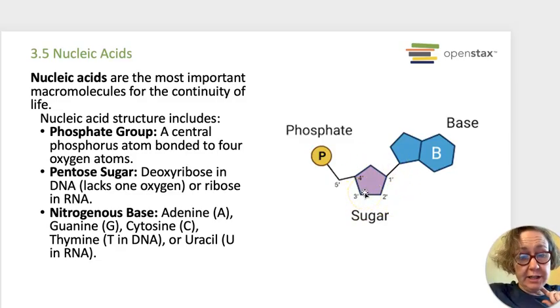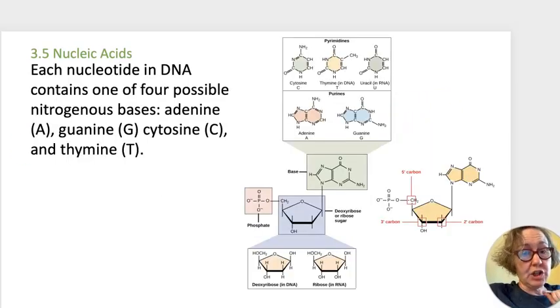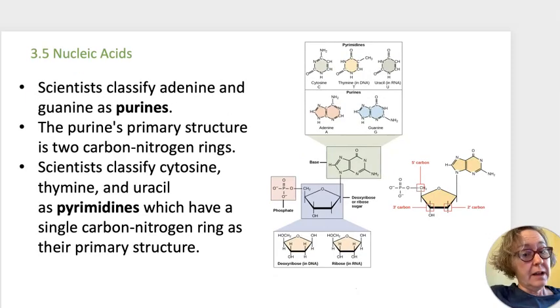Now, the nitrogen bases are going to be your adenine, guanine, cytosine, or thymine in DNA, and that's going to be this base connected here. Each nucleotide in DNA contains one of the 4, right? Either adenine, guanine, cytosine, or thymine. And those are the purines or the pyrimidines. So we classify adenine and guanine as purines.